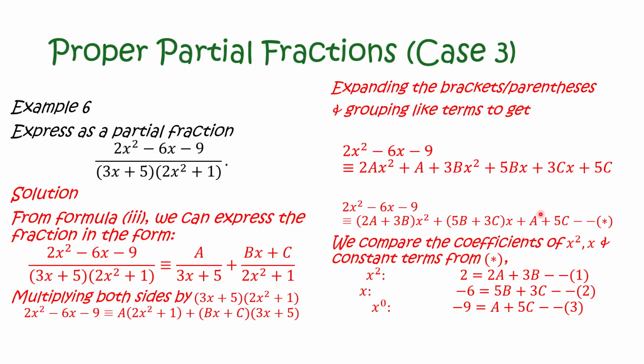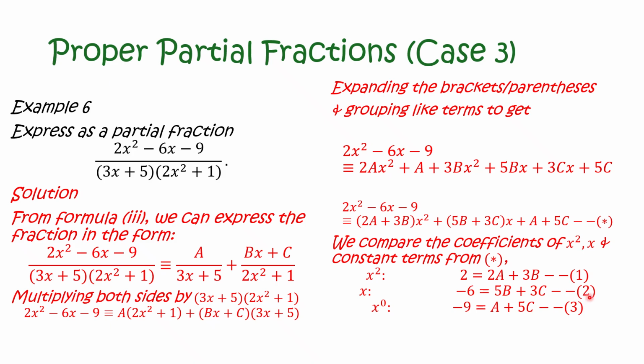Let's label this equation star because we are going to refer back to it as usual. Now we compare the coefficients of x squared, x, and the constant terms from identity star. This one is an identity. So now for x squared, we have 2 is equal to 2a plus 3b. Let's label this equation 1. Now this one is an equation, it's not an identity, please take note.